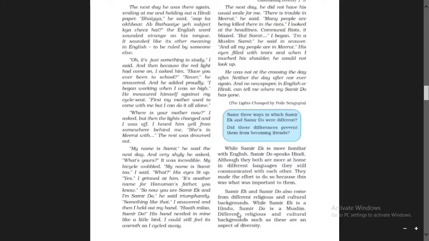So if anybody asks you how Shamir Ek is different from Shamir Do, you have to write the differences between these two here. Different religious and cultural backgrounds such as these are an aspect of diversity. So, different culture, different religion, these are aspects of diversity.